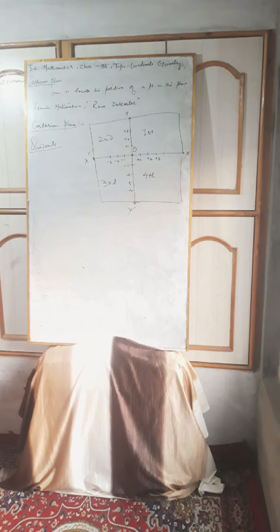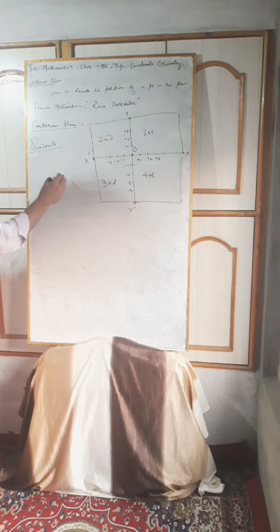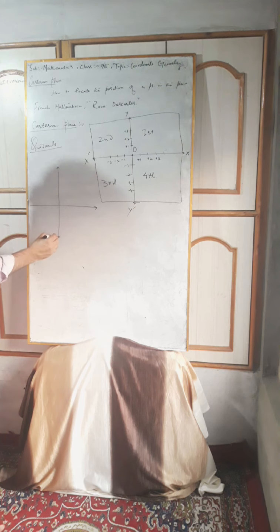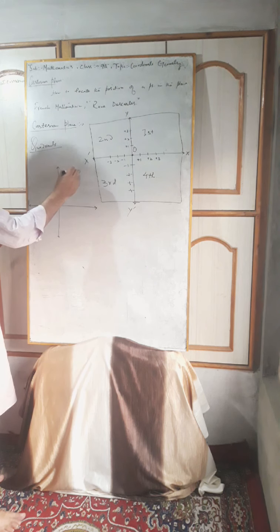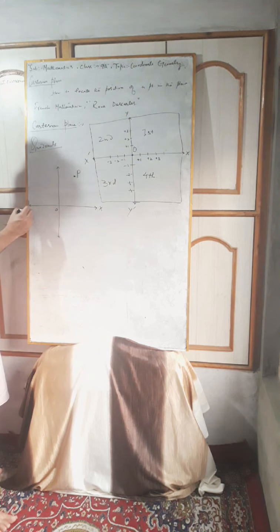Now, what are the coordinates of a point? We will draw a Cartesian plane again here. Suppose here it is a point P. It is the x-axis, XO, X dash. This is the y-axis, YO, Y dash.